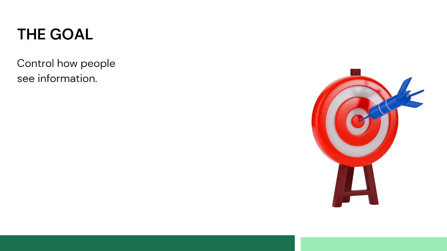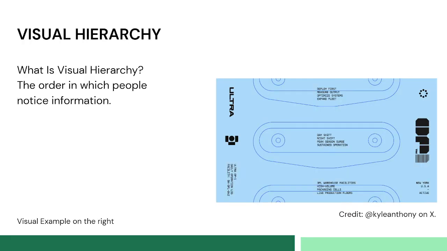The goal we are trying to achieve is to control how people see information, because when we control how people see information, then we can achieve our aim of making them read what we really want them to read, making them see what is really important in that design.